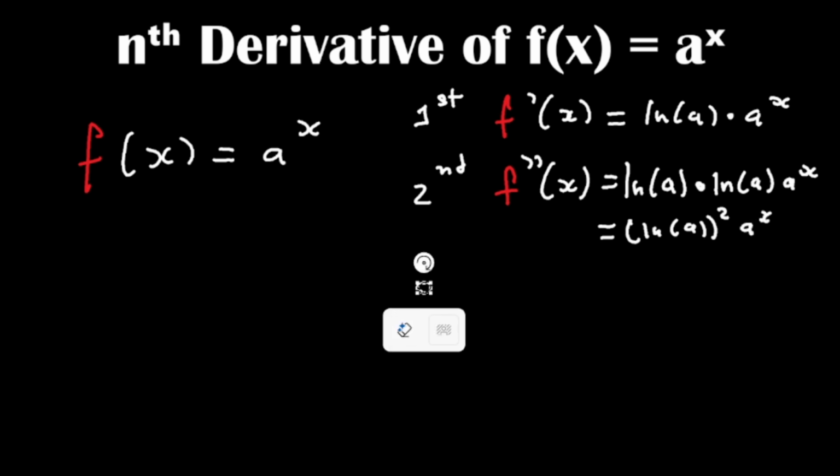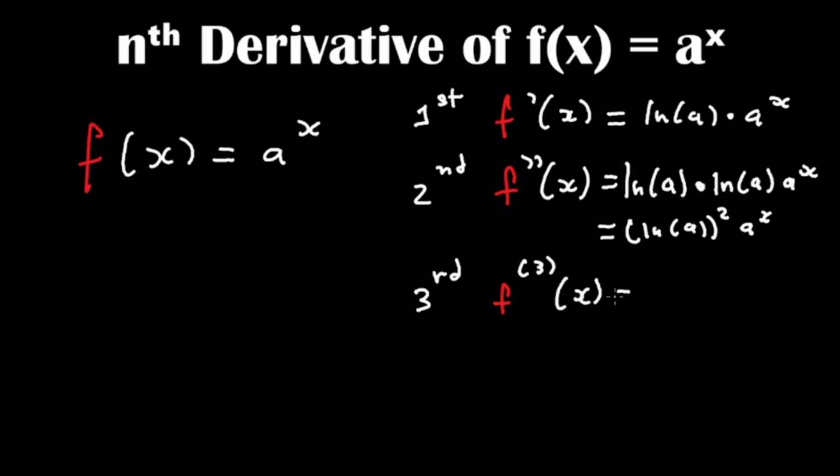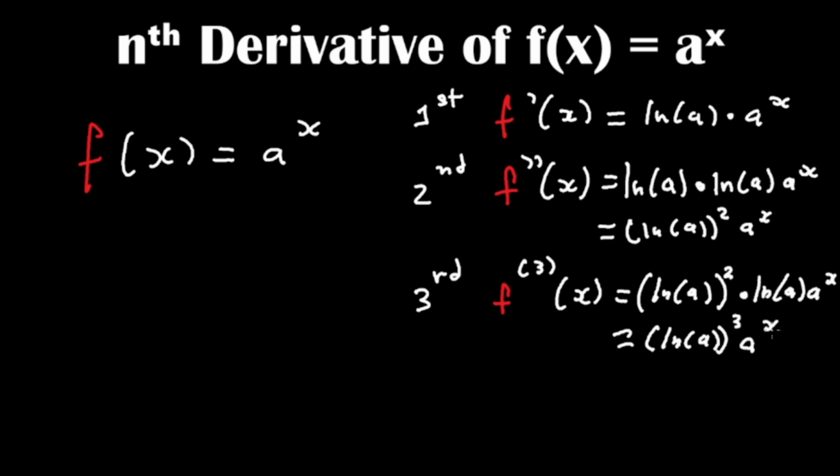Let's just do one more just to see. So the third derivative of f of x, well, we're going to differentiate a to the x again, and then we just have that natural log a squared out in front. We know the derivative of a to the x is just natural log a times a to the x. So now we have 3 powers of natural log a when we have the third derivative.